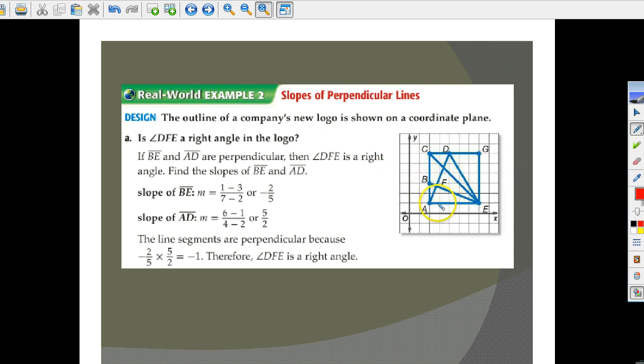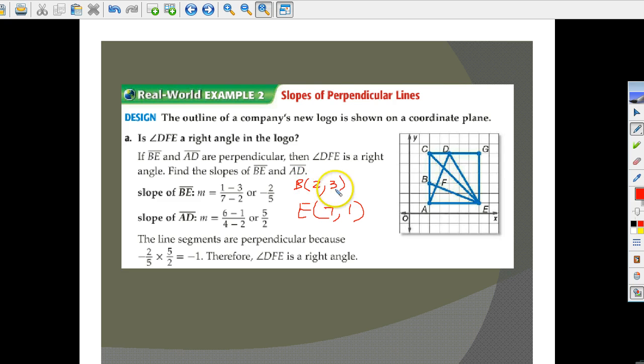So if you want to write out BE, B is right now positive 2, and x is 2, y is 3. Okay, and your E, your coordinates are x is 7 and your y is 1.